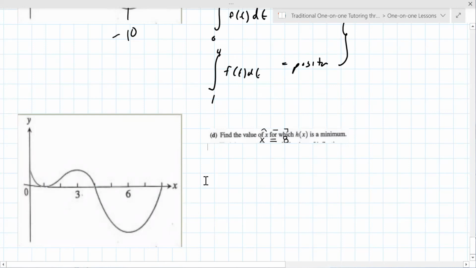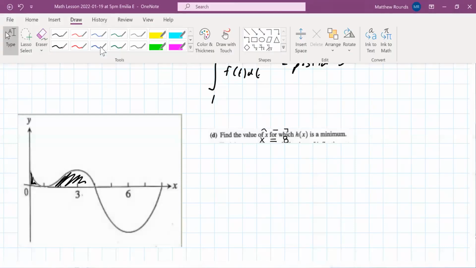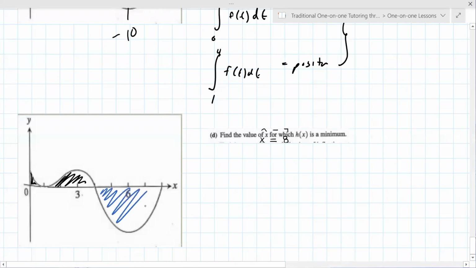So again here, this is a positive area, this is a positive area, but then you've got this area below the axis, which is negative. So all this in blue is negative, and it's going to counteract this stuff.